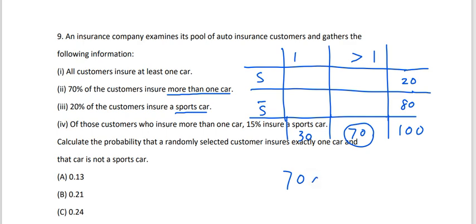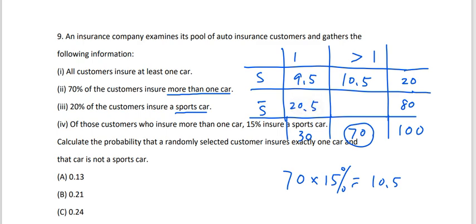So 70 multiplied by 15% equals 10.5. So 10.5 insure sports car. So here 10.5. Okay. So now we can fill out this table. So here 9.5 because it's 20, and here is 30. So here is 20.5, right? And we can find this.